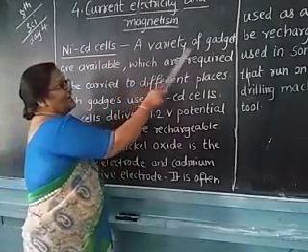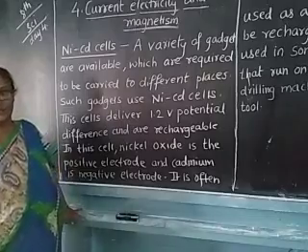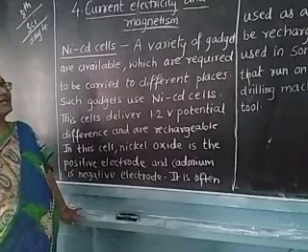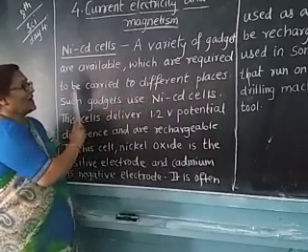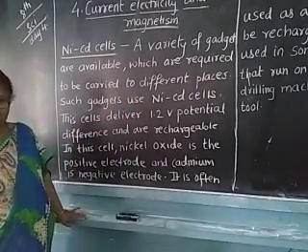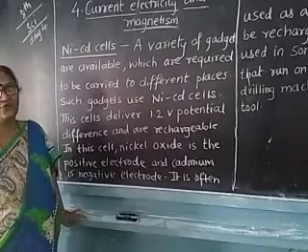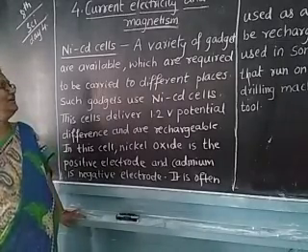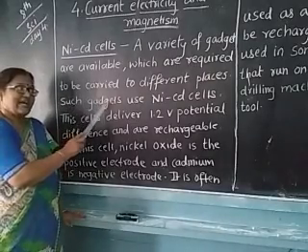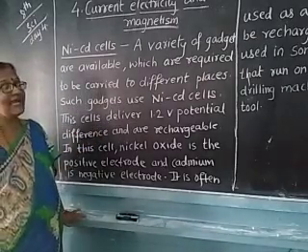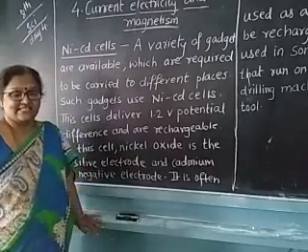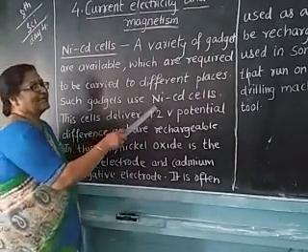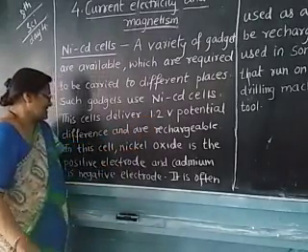A variety of gadgets are available in the market which are required to be carried from one place to another. Such gadgets use the nickel cadmium cell, or we can call it NiCd cells.